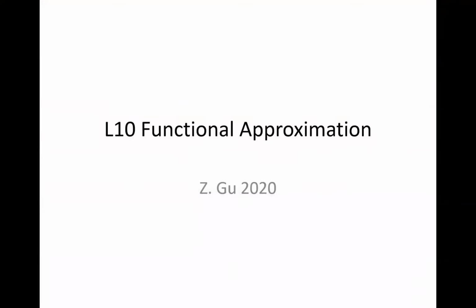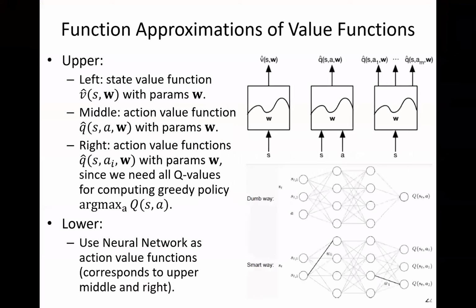So let's go and start lecture 10, function approximation. Instead of tabular methods, you can use a function to approximate either the V, the state value function, or the Q, the action value function.